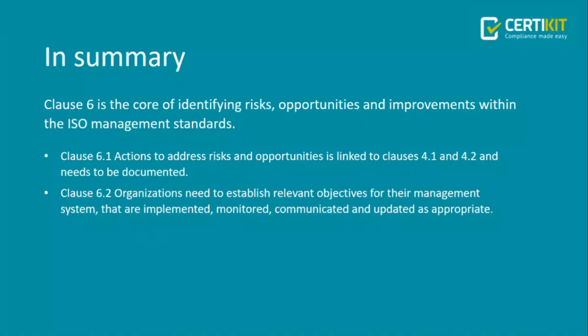6.2, organisations need to establish relevant objectives for their management system that are implemented, monitored, communicated, and updated as appropriate. Again, as I've been harping on about, make sure it's planned properly.